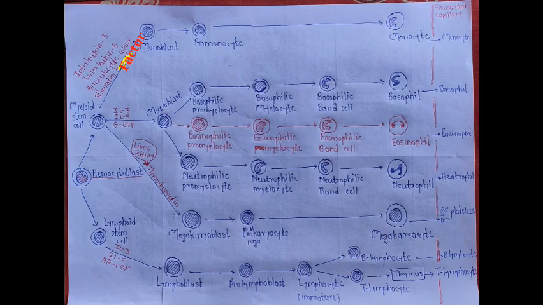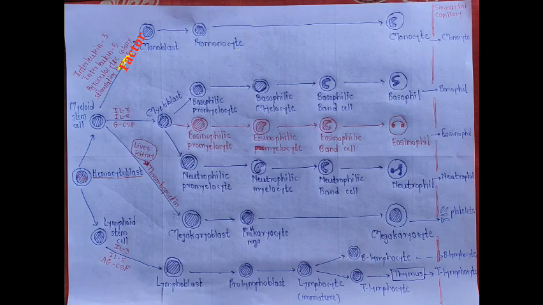When myeloid stem cell gets stimulated by interleukin 3, interleukin 5 and a factor called granulocyte colony stimulating factor, it will give rise to monoblast. Monoblast gives rise to another kind of cell called promonocyte.